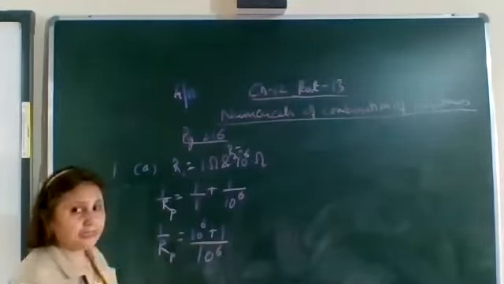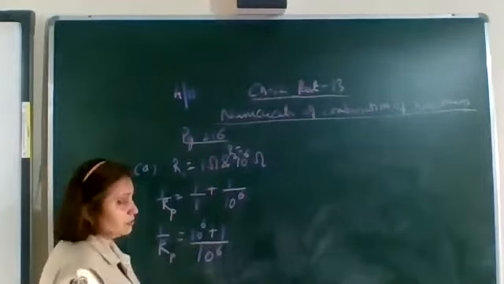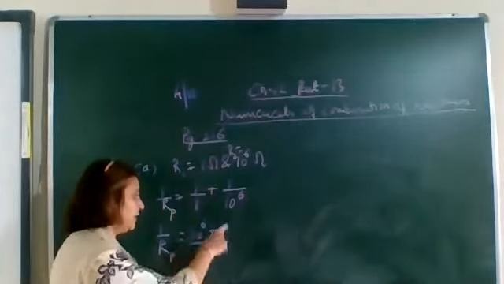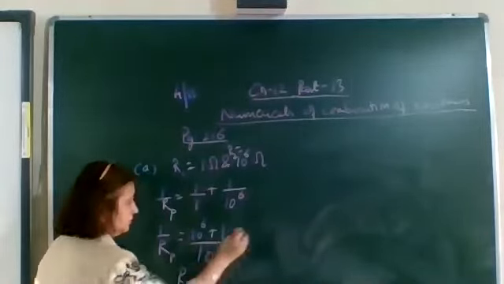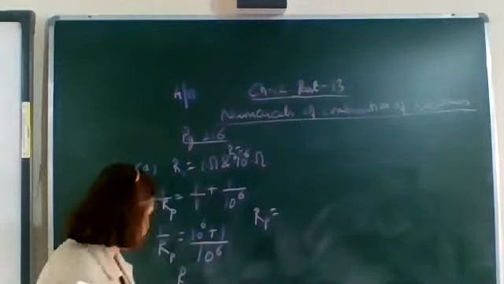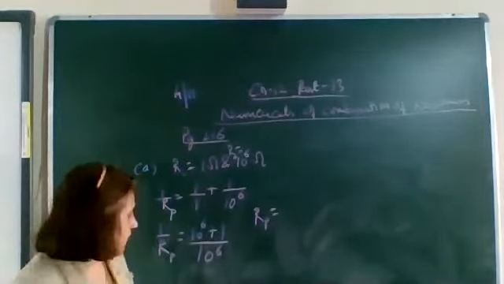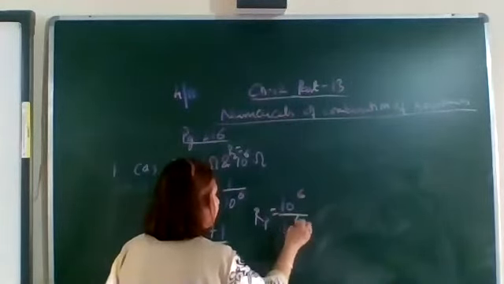If you add it, 1 upon Rp is equal to (10 raised to the power 6 plus 1) upon 10 raised to the power 6. Let's write it here. Taking the reciprocal on both sides, Rp is equal to 10 raised to the power 6 upon 10 raised to the power 6 plus 1.